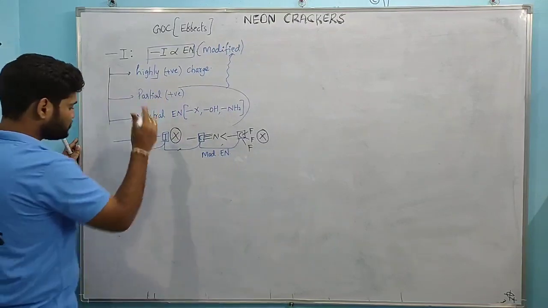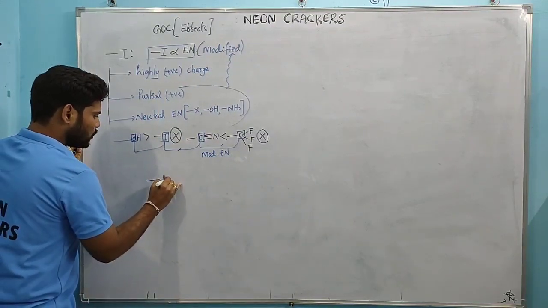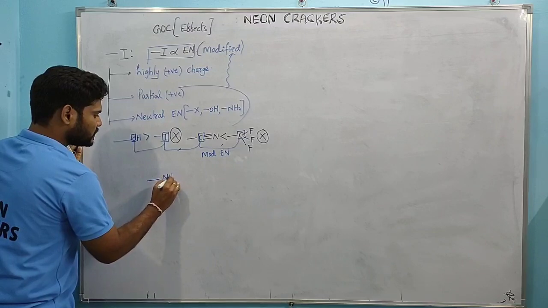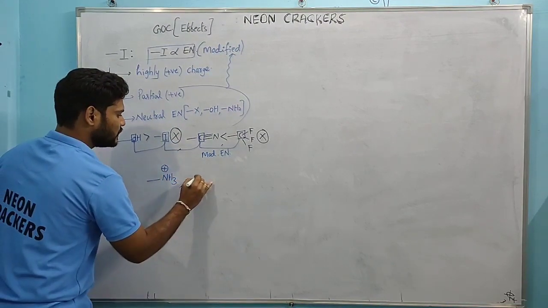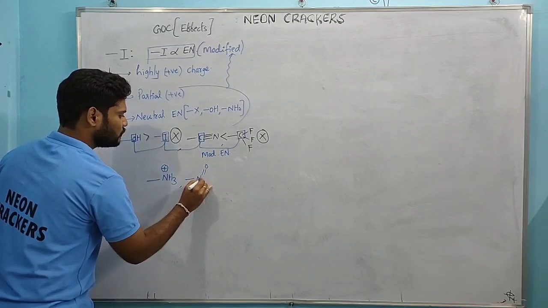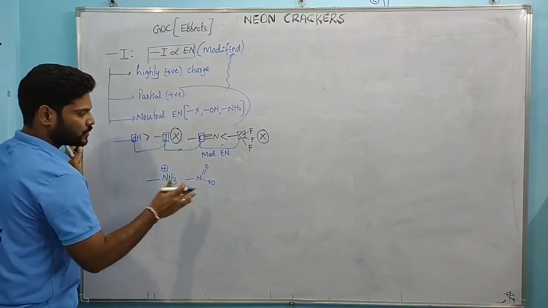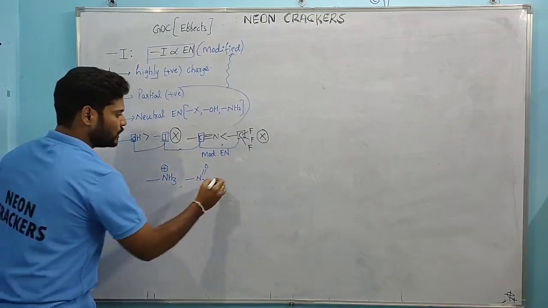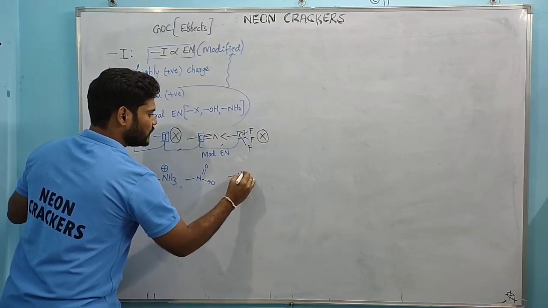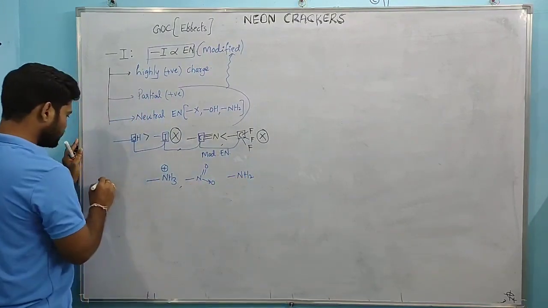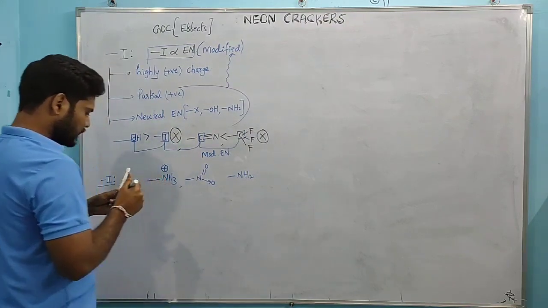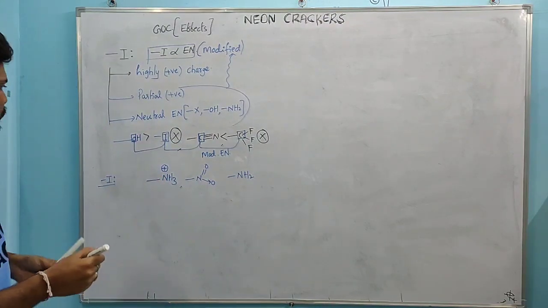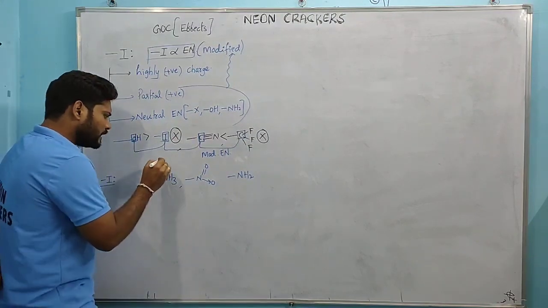Now one example among these: NH3 plus, next N double bond O, coordinate covalent, which means NO2, next NH2. What is the minus I order? Minus I depends on modified electronegativity. First one has complete positive charge.